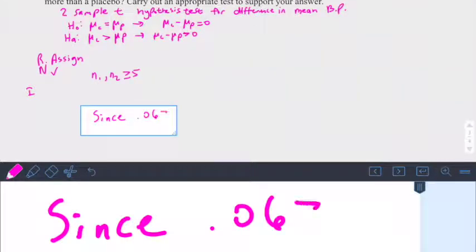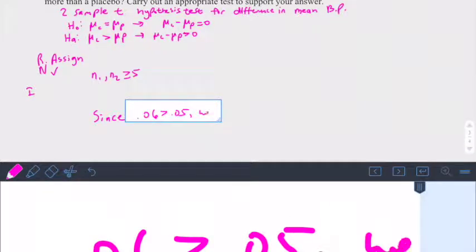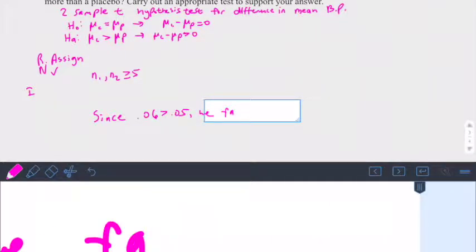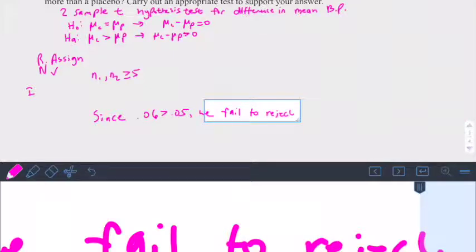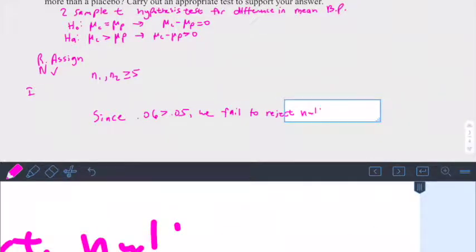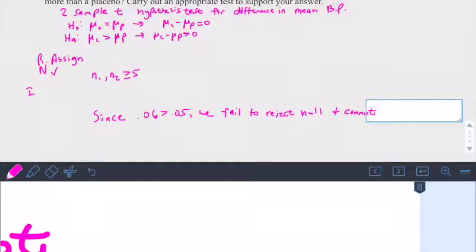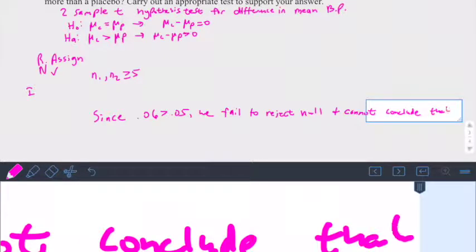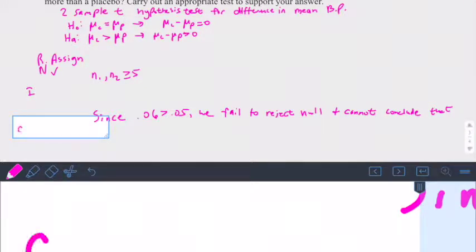Since 0.06 is greater than 0.05, we fail to reject the null hypothesis and cannot conclude that calcium reduces blood pressure.